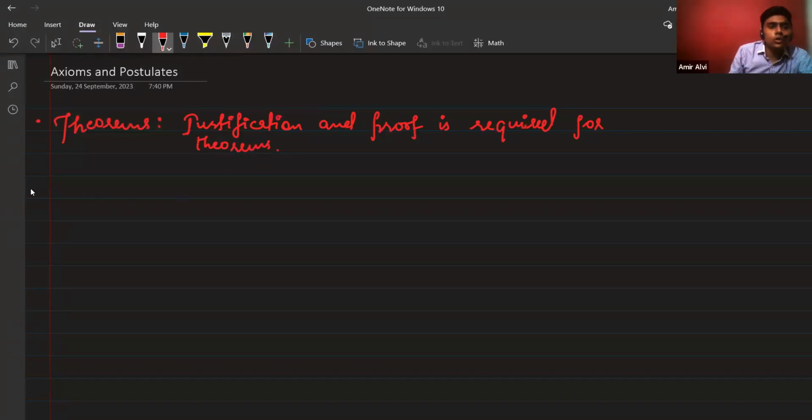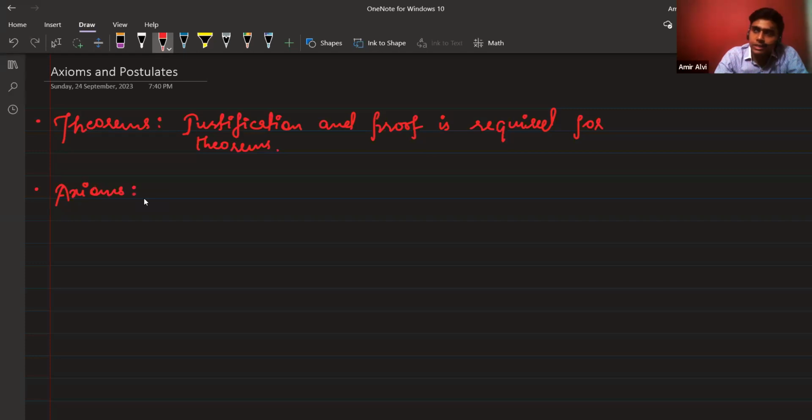Okay, Simrat. So now, Simrat, the first thing is the axiom. What is an axiom basically? Axiom means a universal fact, considered for all the things present in the universe.